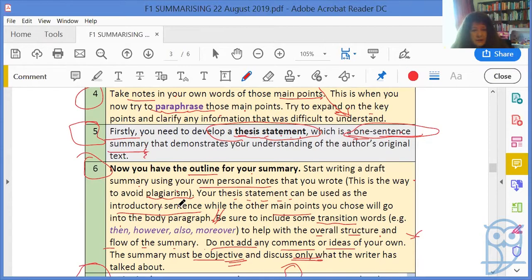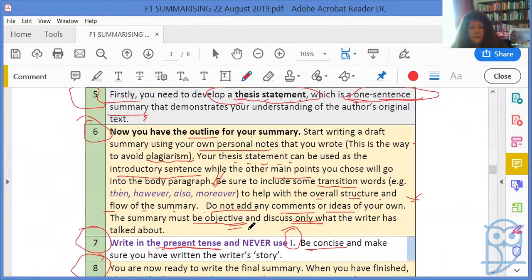Which is an introductory sentence, and the other main points you choose go into the body. Okay, so you start writing that out and write down the side or wherever, transition or connecting words. Then, however, also, moreover, we'll look at some more just now.